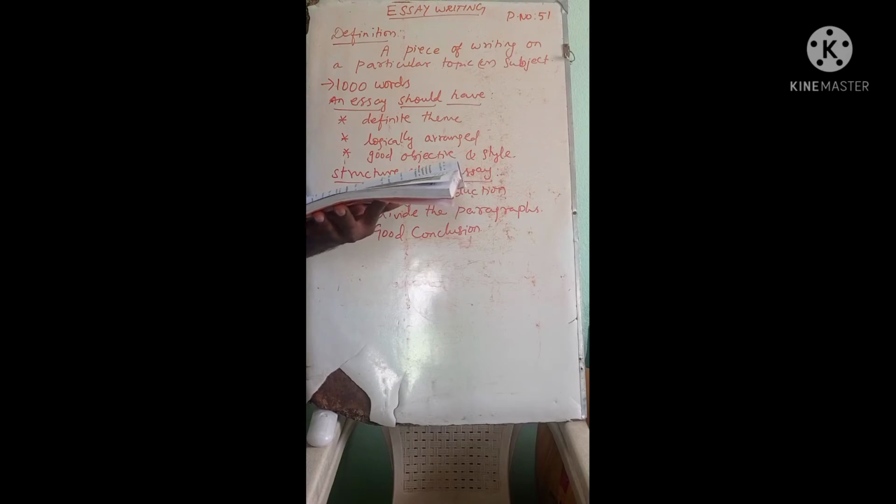He should be very knowledgeable on the particular topic. This is what the point says. Clear? So what is the first quality of a writer of an essay? The writer of an essay must be well knowledgeable in his particular topic.